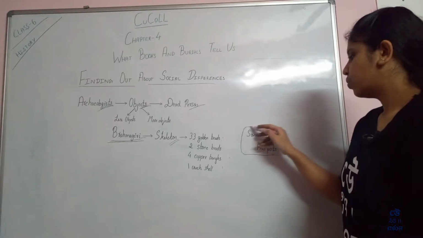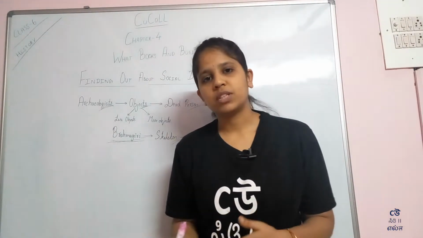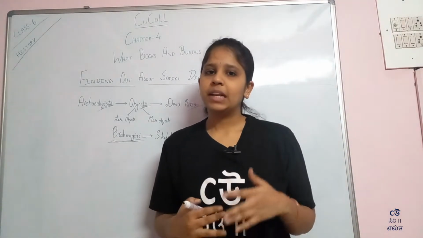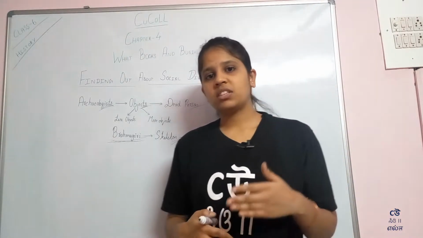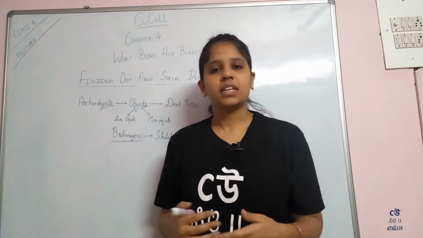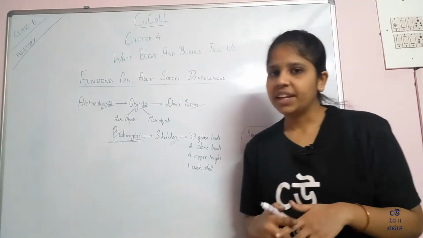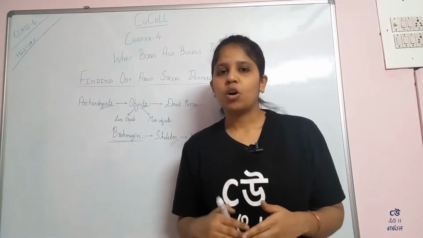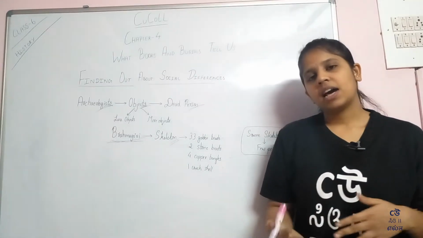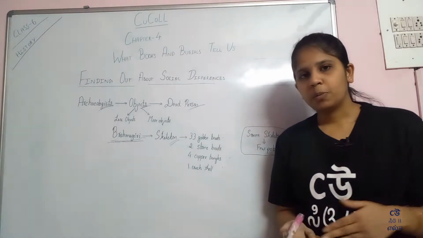Some skeletons had more objects, and some had valuable objects such as gold beads and copper bangles. But some burials had very few objects, and some burials had only a few pots.